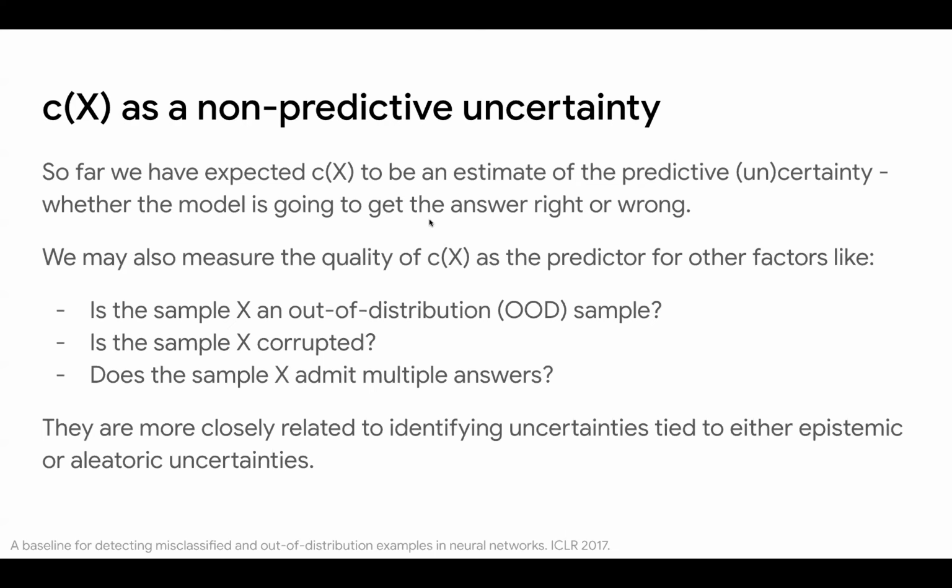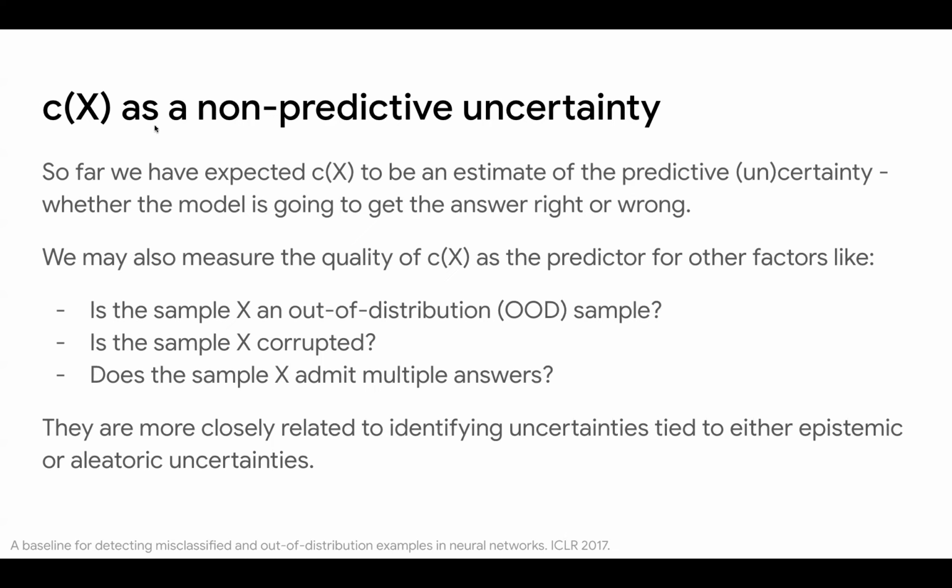We are looking into evaluation metrics for predictive uncertainty, and we've been talking about how to measure the correctness of your confidence estimate C of X, treating C of X as a predictive uncertainty, meaning it should be a good representation of the likelihood of getting the answer right.